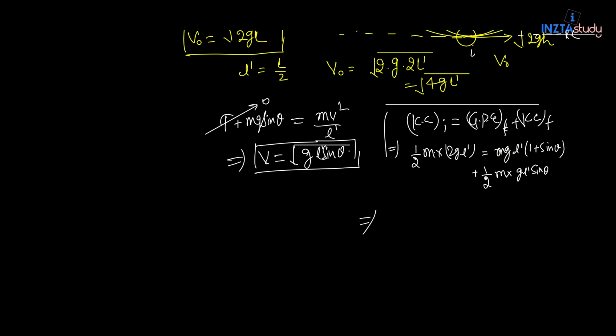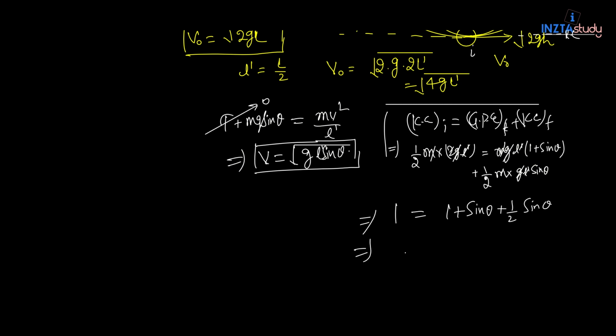Then this m will cancel out, this g will cancel out, L will cancel out, and this 2 and 2 will cancel out. So the remaining portion is only 1, and here 1 plus sine theta plus half sine theta.